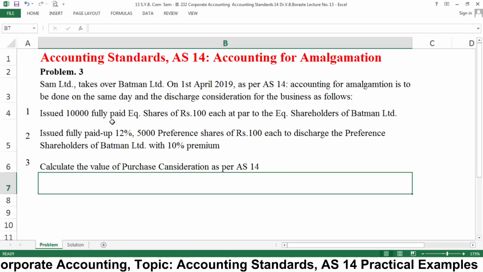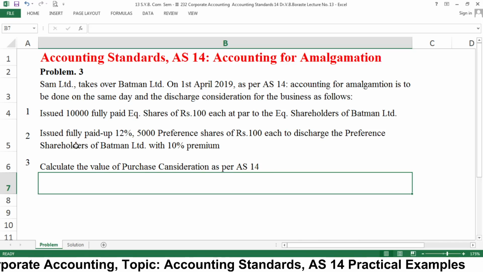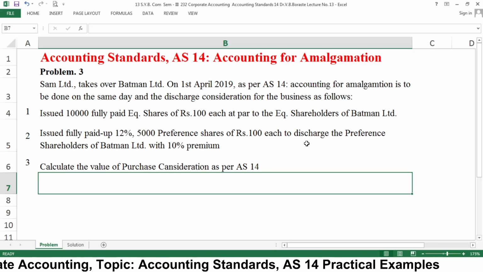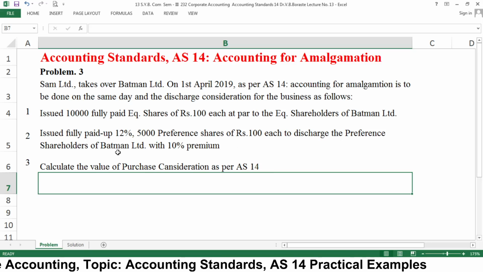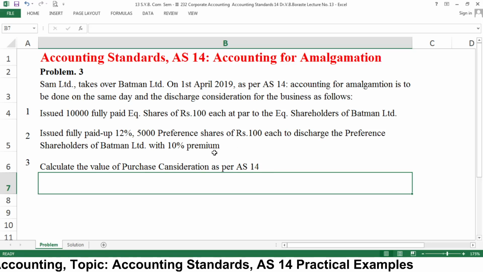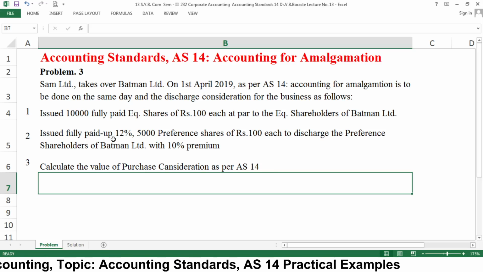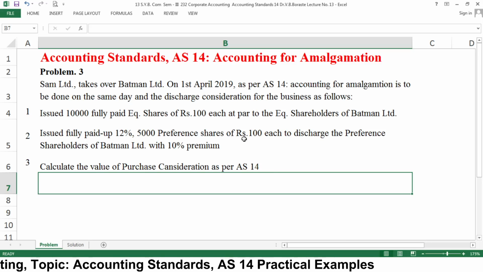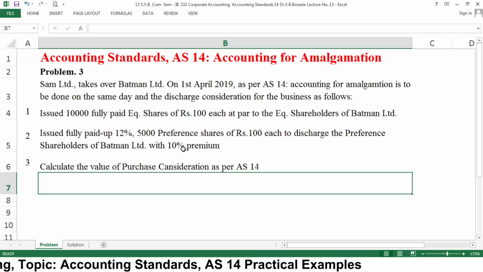So the first consideration is equity shares. Second one is issued fully paid 12% 5,000 preference shares of rupees 100 each to discharge the preference shareholders of Batman Limited with 10% premium. So the second consideration is 12% preference shares, that is 5,000 preference shares, which is at 10% premium.